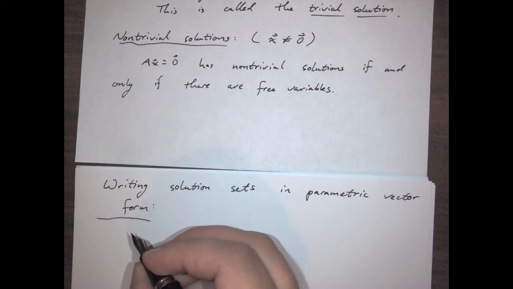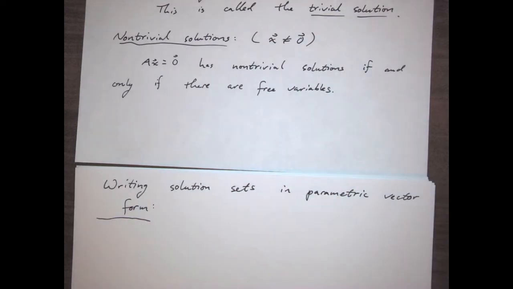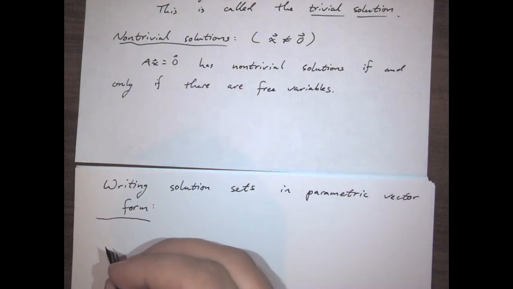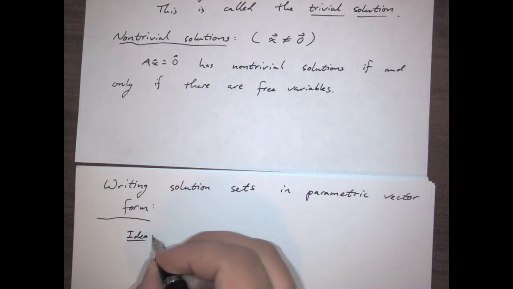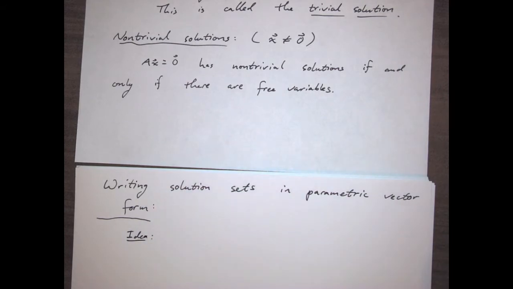We'll just show it first with a homogeneous system, and then we'll bootstrap our way up to non-homogeneous systems. So the idea here is what we will first do is we will do the row reduction. That is going to be our first step in a lot of these situations.